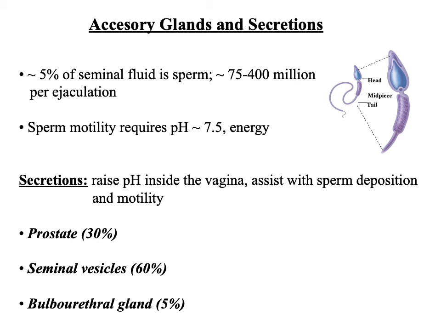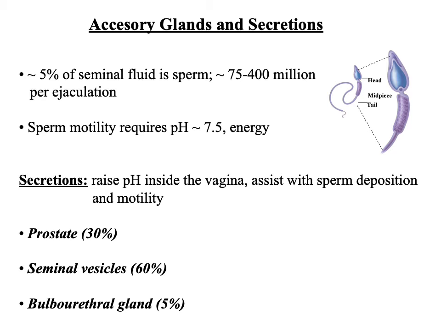There are things like bicarbonate and other secretions that are going to raise the pH inside of the vagina, which I mentioned is a pretty acidic place normally. That will help increase pH, making the sperm more able to move through. There are other secretions that assist with the deposition of sperm in the female reproductive tract, and also their ability to move around once inside.